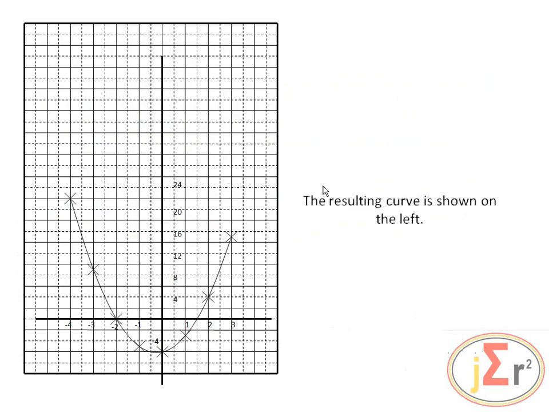Now, the resulting curve is shown on the left. So the curve that will result from the table that we've had is the one that we have here. We have seen in the previous example how this is graphed by making use of the x and y ordinate. You may practice this graph on your own in order that you can have your own representation and you may have your own plot.